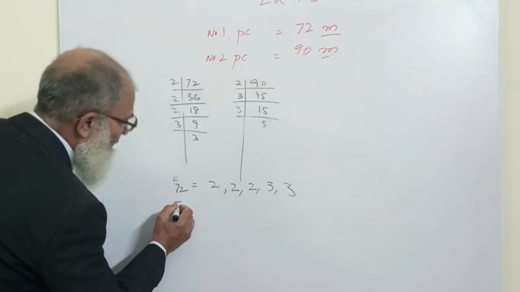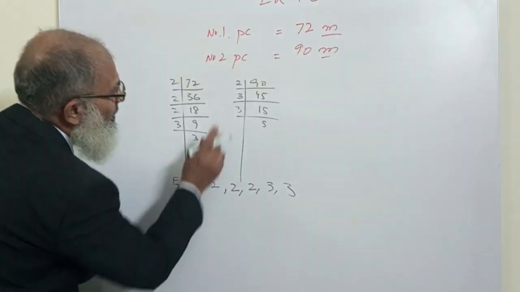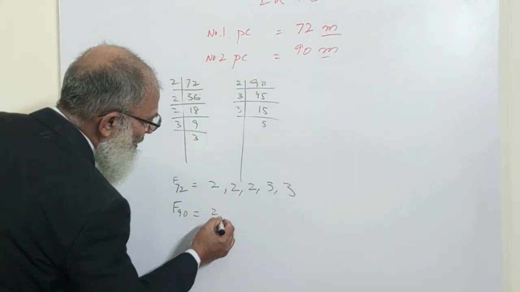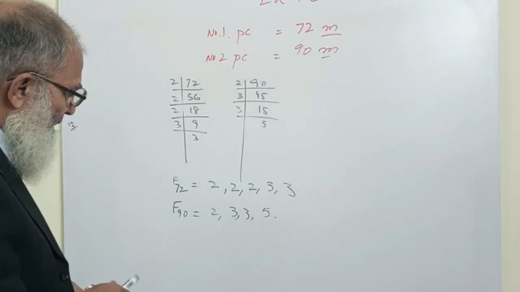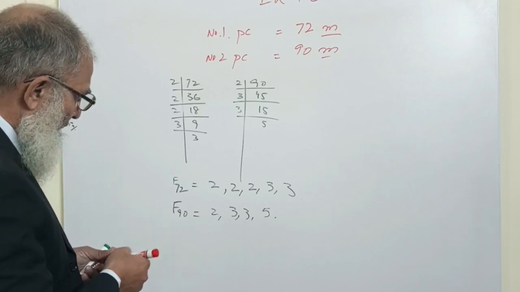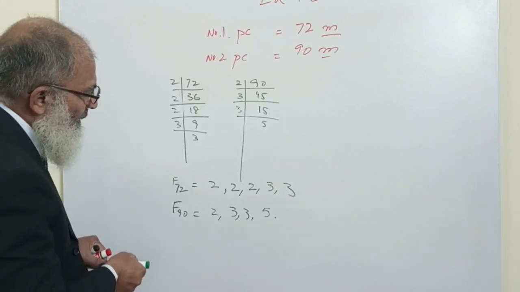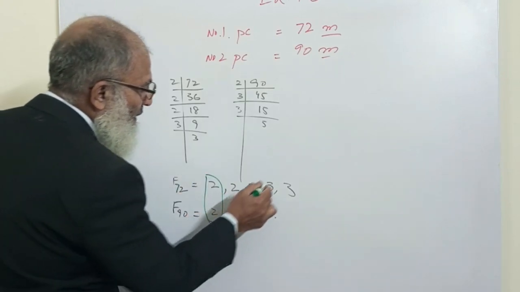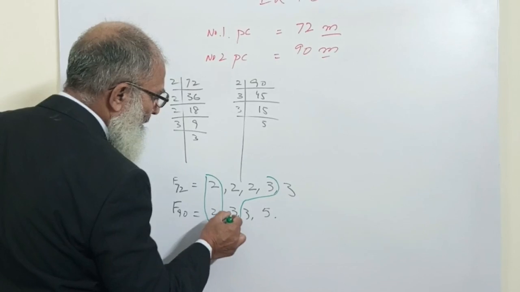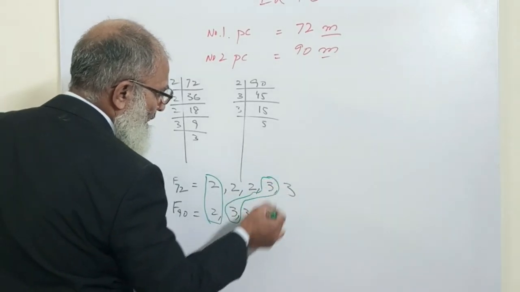And for the factors of 90: one 2, two 3s and one 5. So the common factors I have come up with are 2, 3, 3.